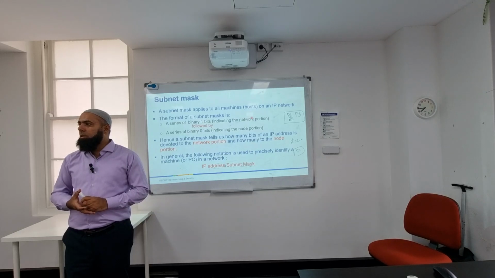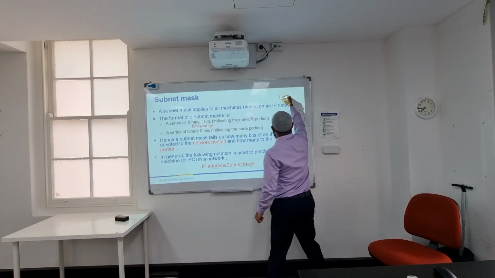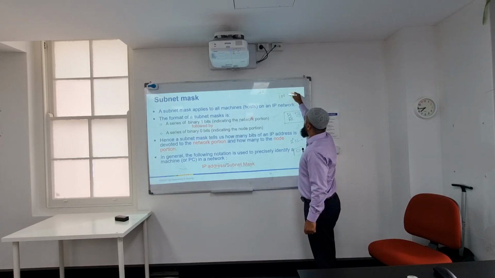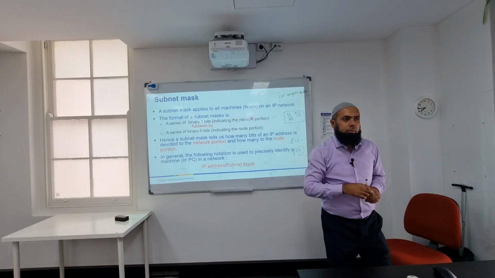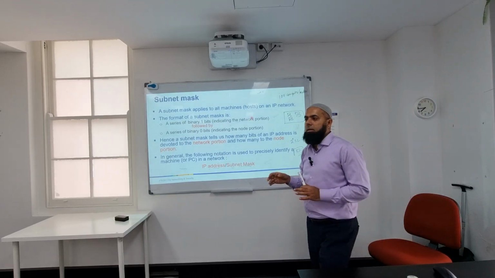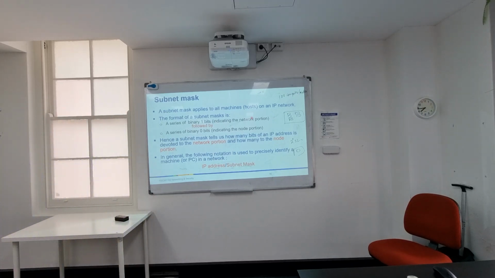I need 100 IP addresses to connect all those computers or nodes. Okay, so if I need to connect those 100 computers with IP addresses, what range of IP addresses can I assign to the network?